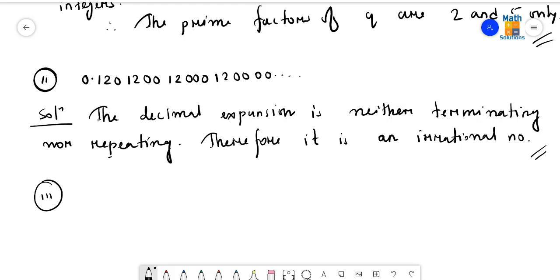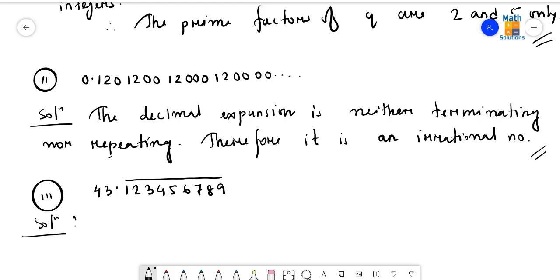Coming to the third question of this part, it is 43.123456789 then bar. So from this part it is clear that the whole thing where the bar is there above 1 to 9 will be repeating again and again. So while writing this answer, what can we write?